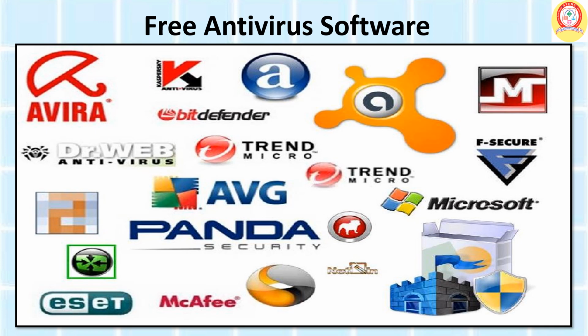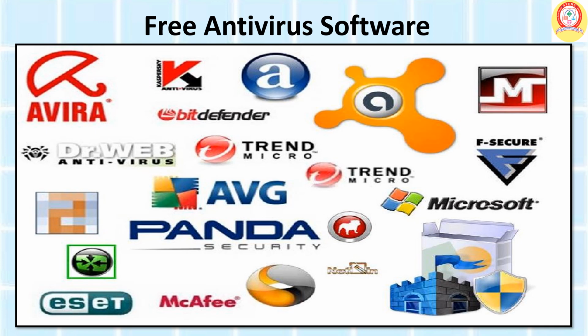Free antivirus software. Nowadays, free antivirus programs like AVG and Avast are becoming popular. Microsoft Security Essentials is another free security application that many people use. It comes free with a genuine Windows operating system.